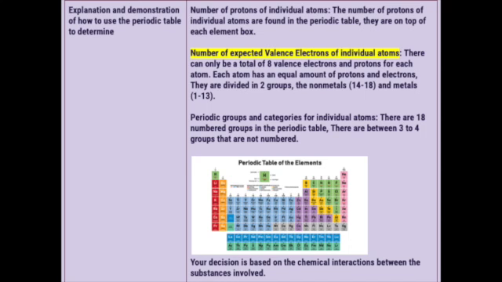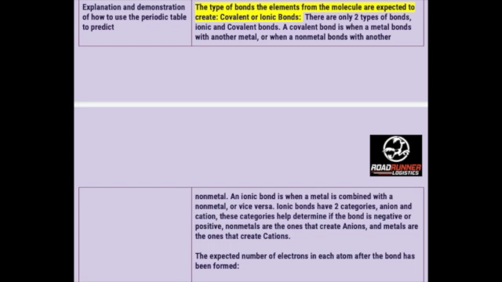The nonmetals can be found from 14 to 18, and the metals can be found from 1 to 13. There are 18 numbered groups in the periodic table, and there are between 3 to 4 groups that are not numbered. There are only two types of bonds, ionic and covalent bonds.